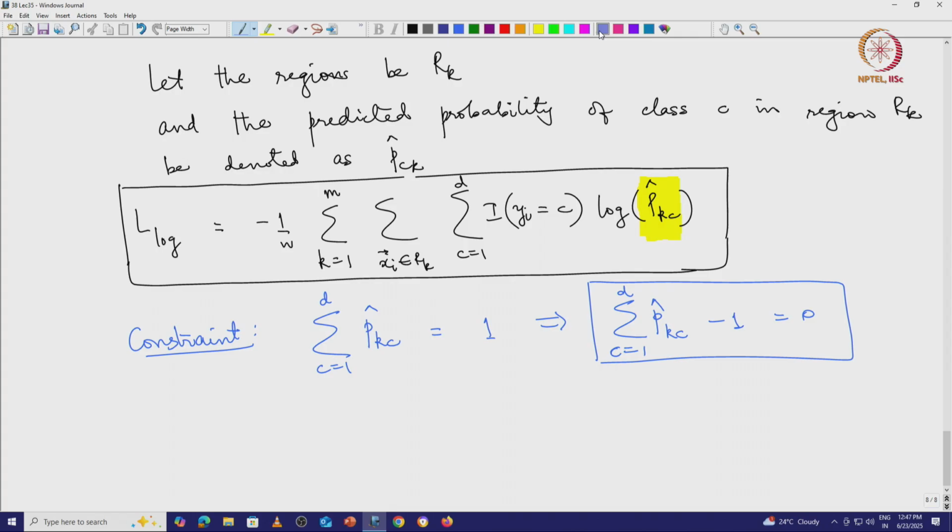Okay. Now I am not sure if you have done previously things like constrained optimization, but that is done through a method known as the method of Lagrange multipliers. So for incorporating the constraint, we use the method of Lagrange multipliers.